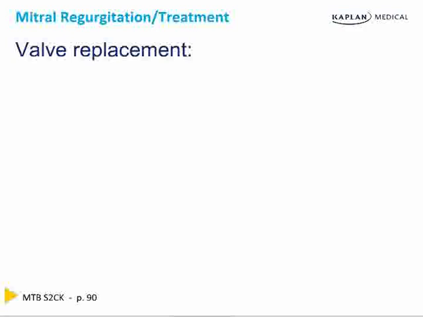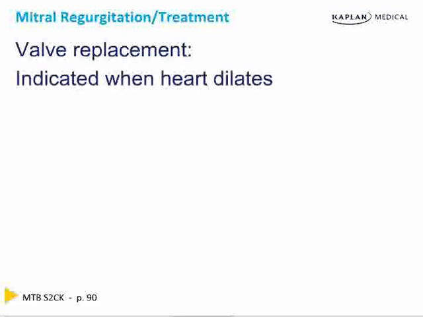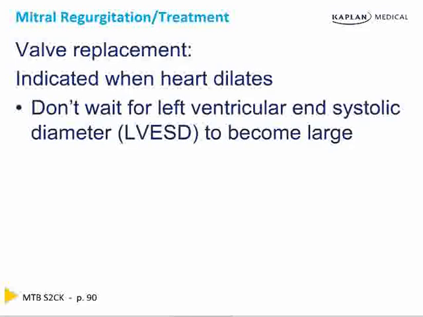Stenotic lesions, when they're symptomatic, always need a mechanical fix. Regurgitant lesions don't. Regurgitant lesions can have their valve replaced simply when it dilates, even before you get symptoms. You can't wait for the end systolic. How empty is it? How close did you get it?